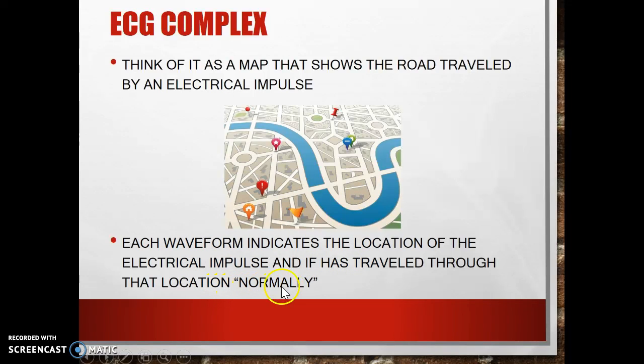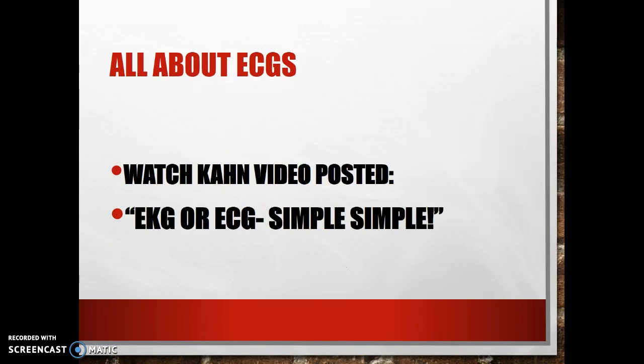We have to know normally what the road is that's usually traveled, what the electrical activity is that's usually traveled. Then we can look at the deviations, and those deviations are dysrhythmias.